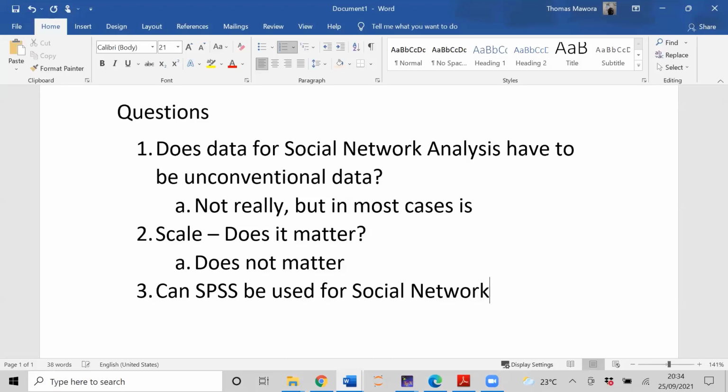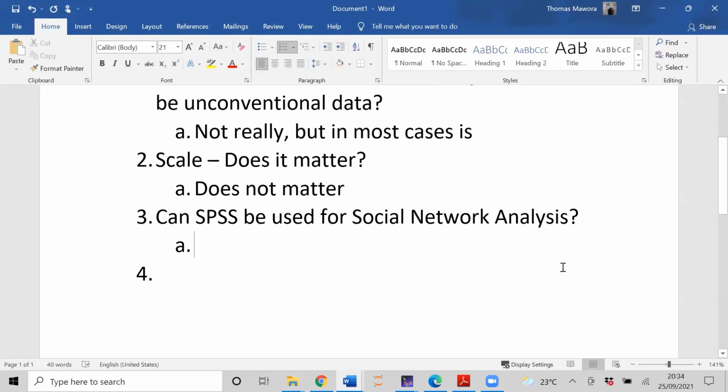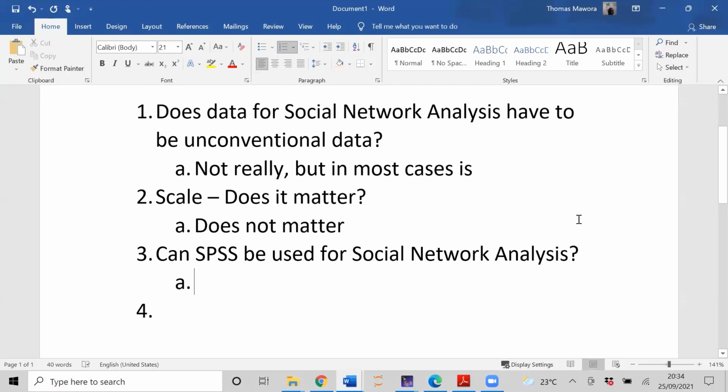So for SPSS, unless I check, I don't think there's an inbuilt feature for social network analysis, because it requires developing things like degree centrality, also looking at correlation, things like that. On SPSS, to be honest, I don't know, but I'm sure about R and Python because people have developed packages specifically for that.